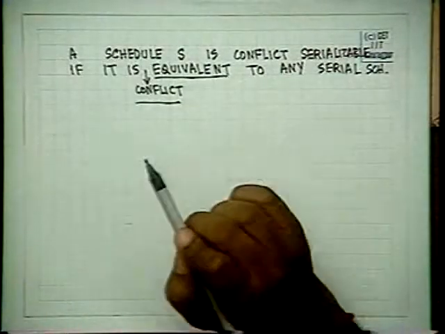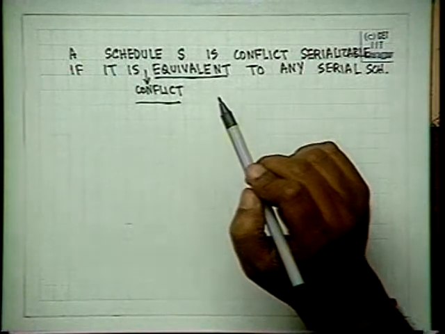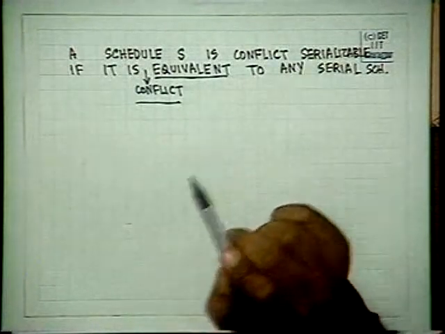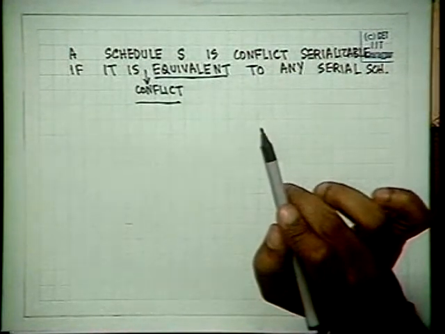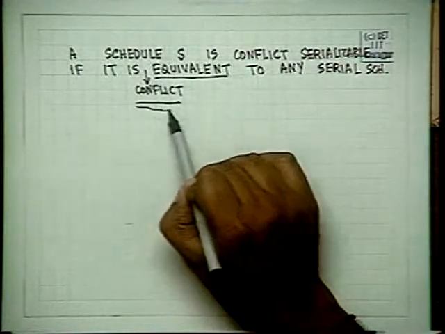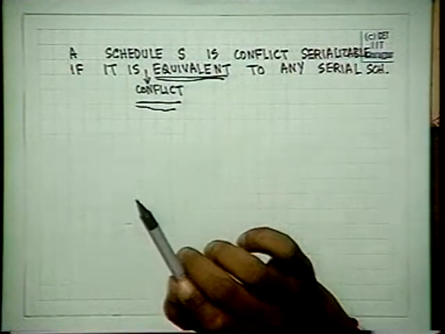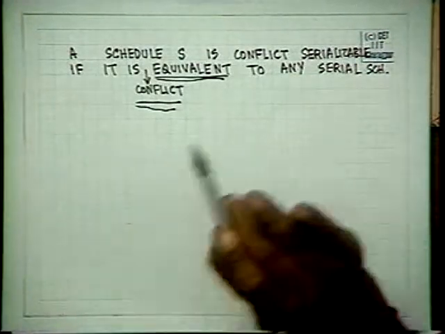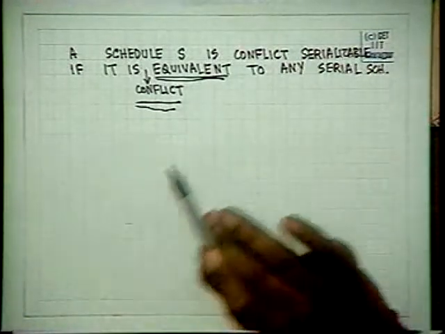Using this concept of equivalence, which we call conflict equivalence, we try to find out whether a schedule S is equivalent to any one serial schedule, and if it is, then we will say that this schedule is consistent. This schedule can be allowed to go through. That is the whole process by which we argue. Now how will we do it quickly?